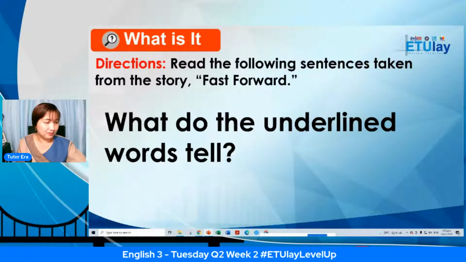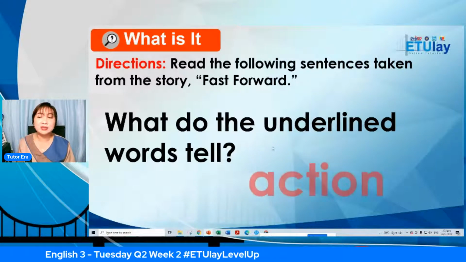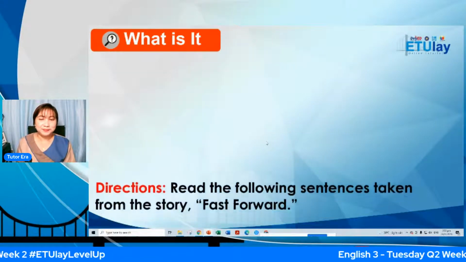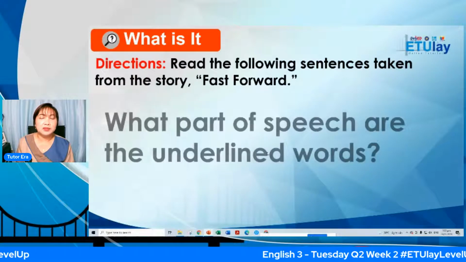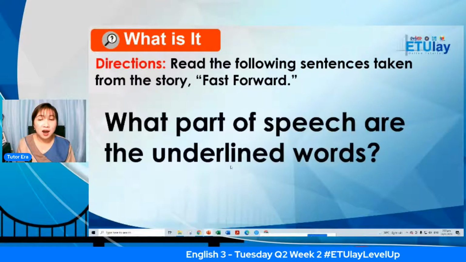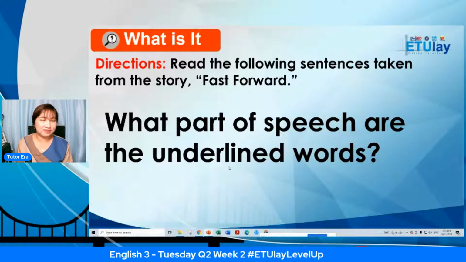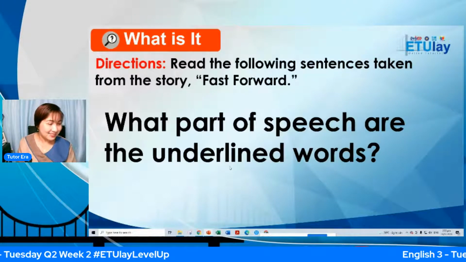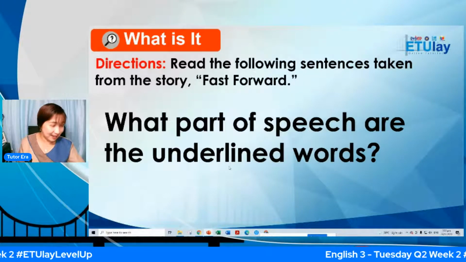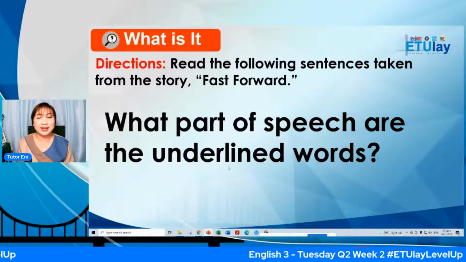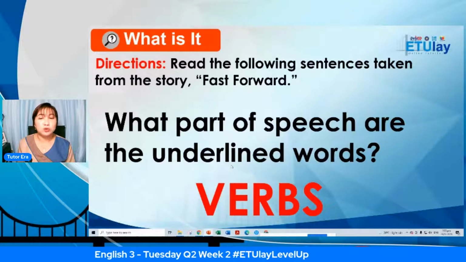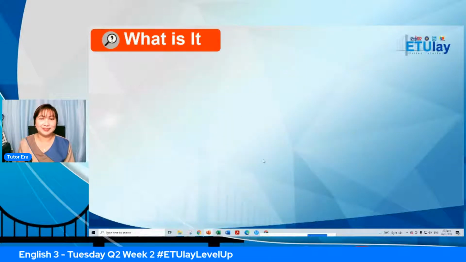All right, they express or tell action. Now, what part of speech are the underlined words? Yes, Desiree Gutierrez is correct. Clay Eugene is also correct. That is a verb. Those words are called verbs. So, what are verbs?